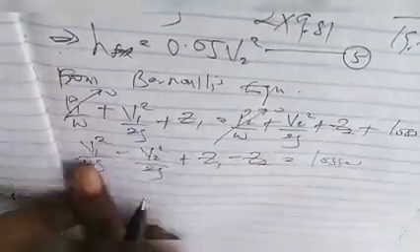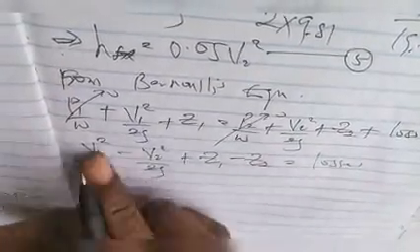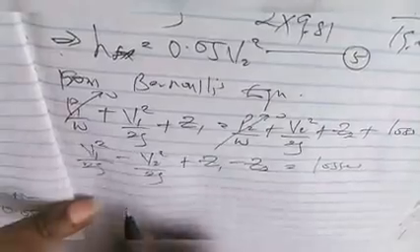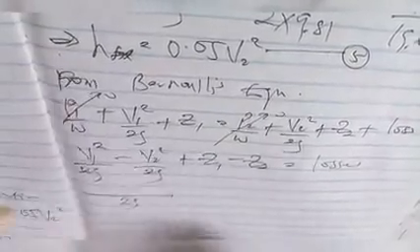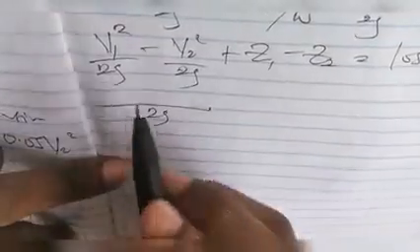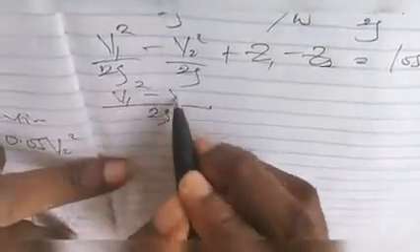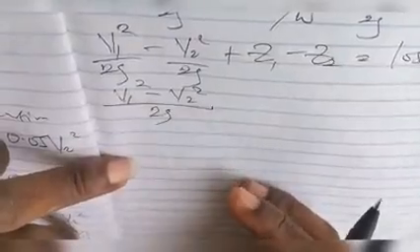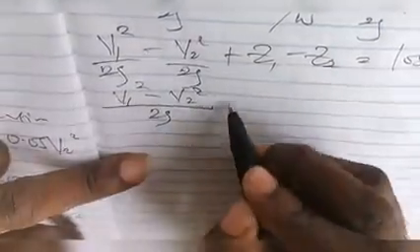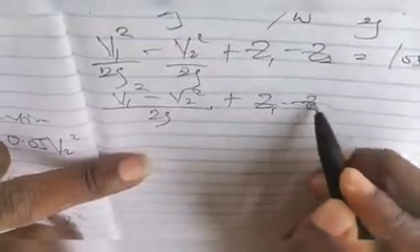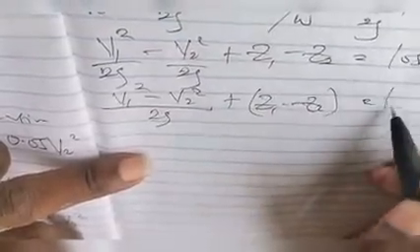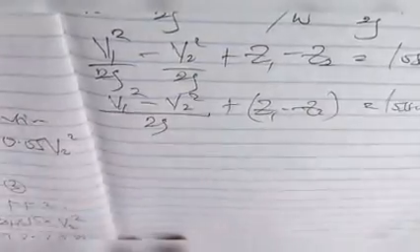Once again, we can take the LCM between V1 and V2, which is 2g. So you have V1 squared minus V2 squared over 2g, plus Z1 minus Z2, and the whole of this is equal to all losses.